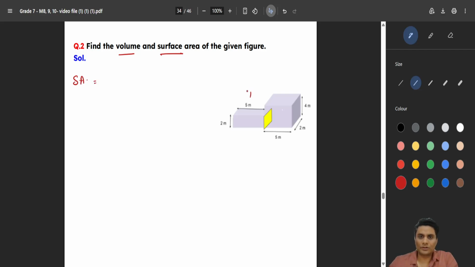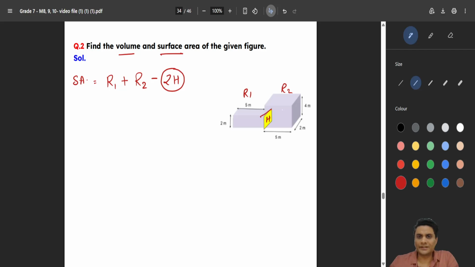Let's say this is rectangular prism 1, R1, this is rectangular prism 2, R2, and this is the hidden surface that we don't want. Okay, so you find the surface area of R1 plus you find the surface area of R2, then from that you subtract 2 times this hidden surface. Why 2 times?